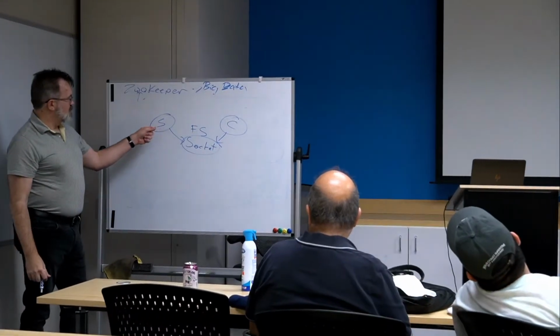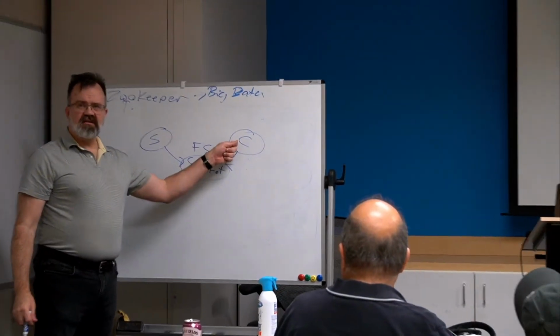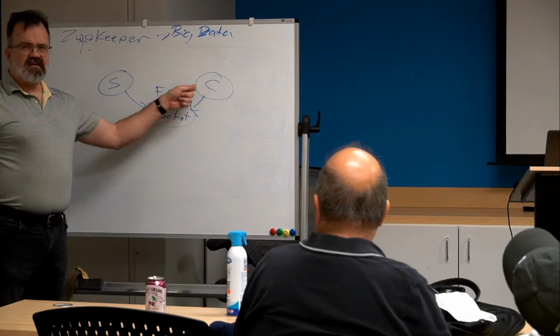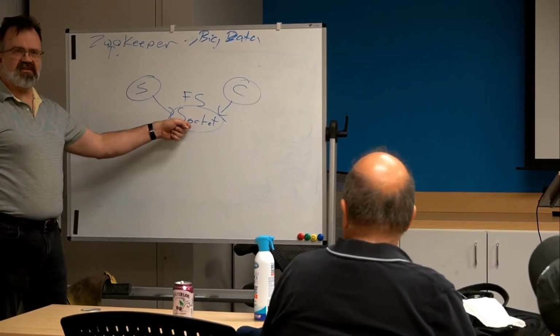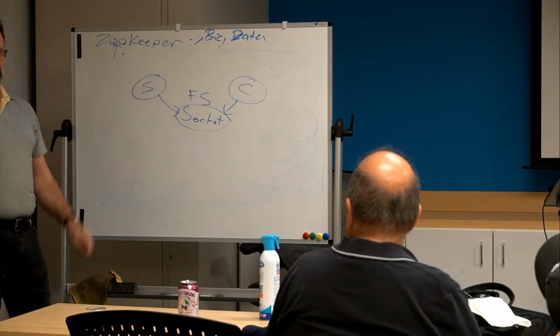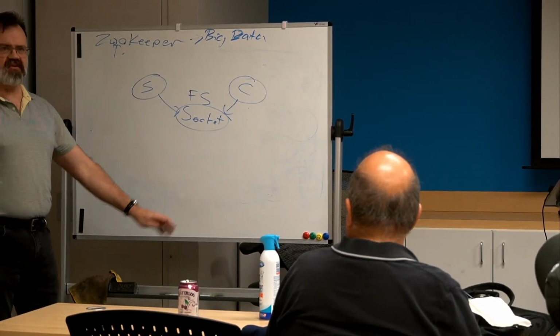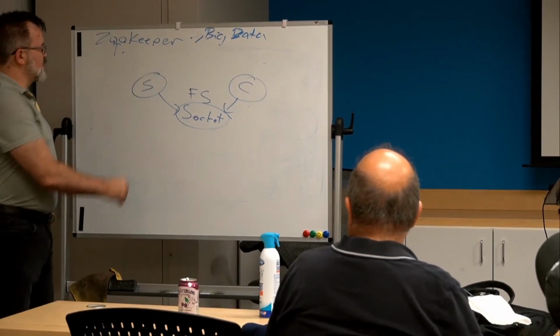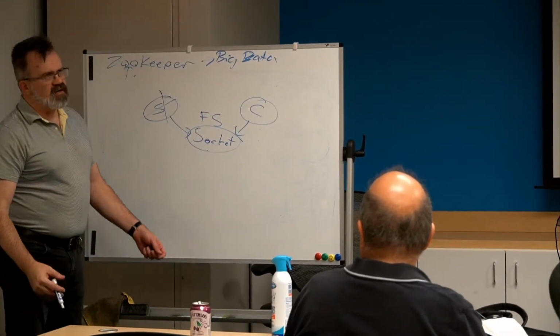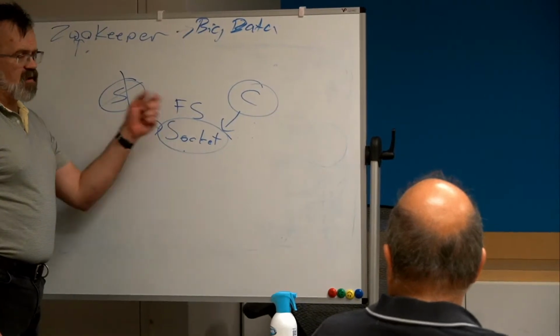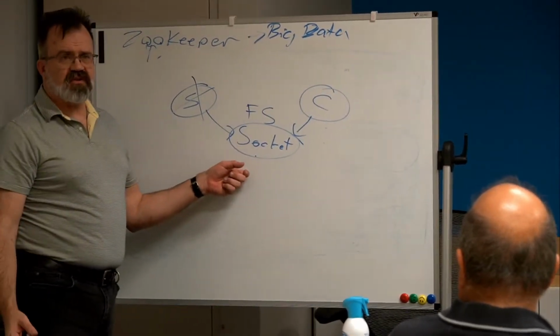Well, if these are in different pods, then the only way to do this is you have to put that socket into the operating system, the real operating system, underneath everything. Which means that if the server goes away, granted, the operating system will close the socket file descriptor and the socket will go away.